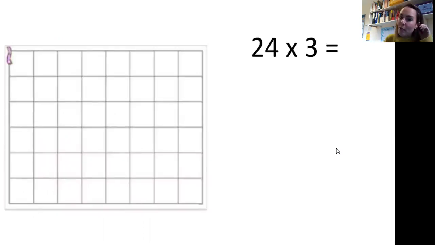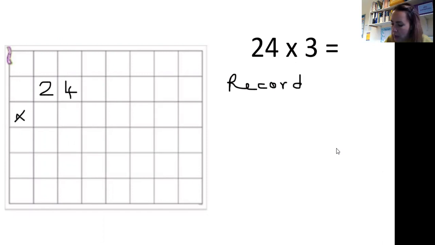Today, we're going to be thinking about formal methods. So 24 times 3. Let's have a look at, first of all, how we record that. So I'm going to record that on my squared paper. So I would have 24 times 3, making sure that I'm lining up my tens and my ones.